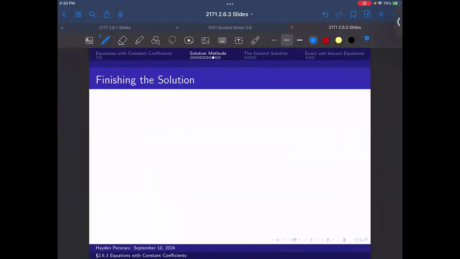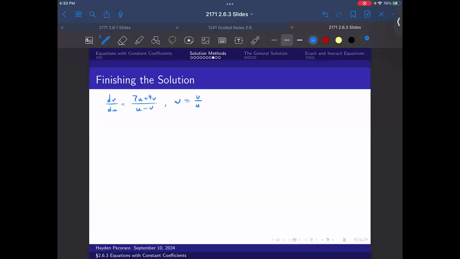We've got dv du equals 7u plus 9v over u minus v. I've written this a bunch at this point. This is homogeneous, so we make a substitution. We use w since we can't use v again, and that should be w equals v over u.